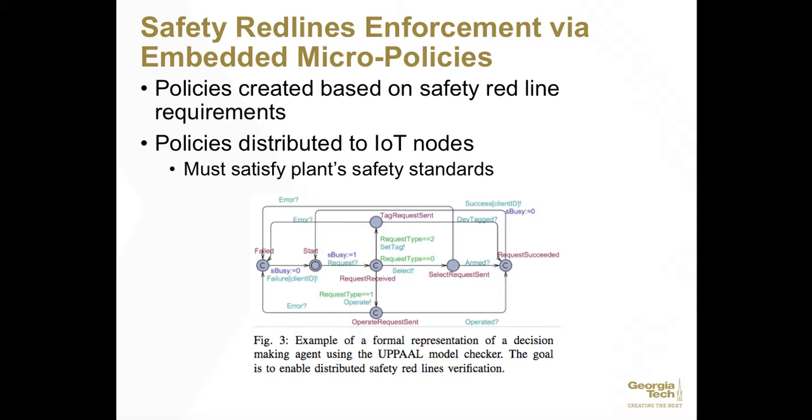With SafeShim, when an attacker gets into the network, they are limited in scope to what they can do, rather than having control of the whole system, because of these micro-policies and the security layer that has been added.